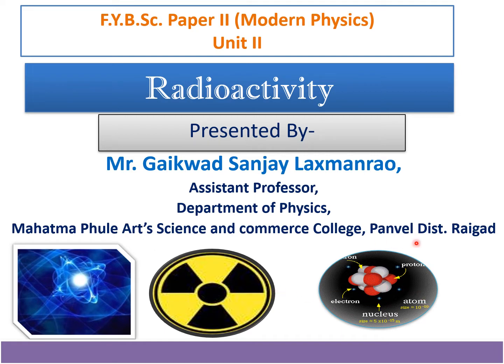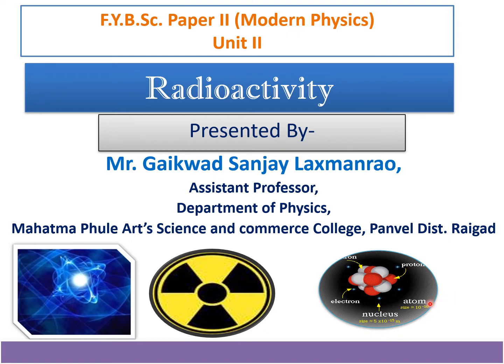This is the symbol of the atom, where the atom has a diameter of 10 raised to minus 10 meter. Inside the atom, there is a heavy mass that is called the nucleus. The size of the nucleus is in the range of 5 into 10 raised to minus 15 meter, or 5 femtometer.